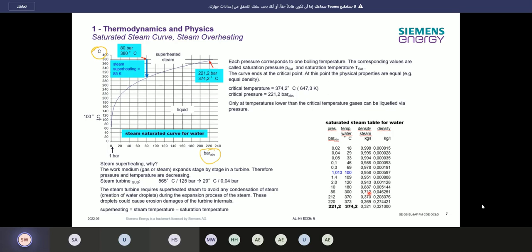So the volume is getting lower, and the higher you go, you see it's getting even lower, to 0.3. Critical point, 221.2 bar, we're coming here to 0.321 kg per liter.